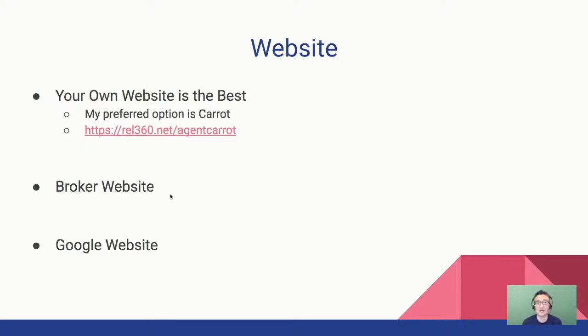The other option is Google: in Google My Business, Google sells you, I believe for about $12 a year, a basic one-page website that you can use for your business. It's not the most preferred, but if you don't have anything, it's available. It's only $12, plus the price of a domain name.